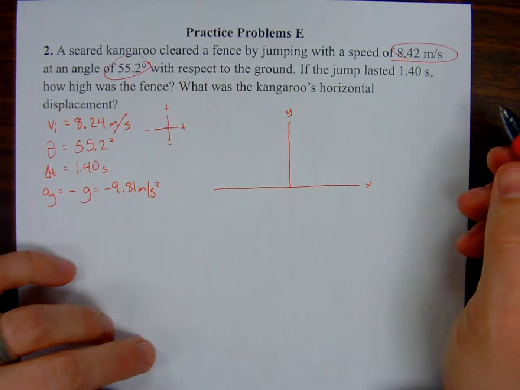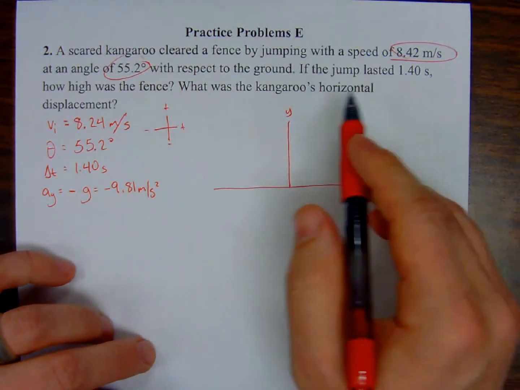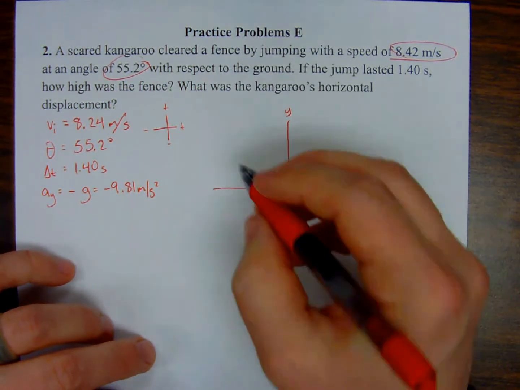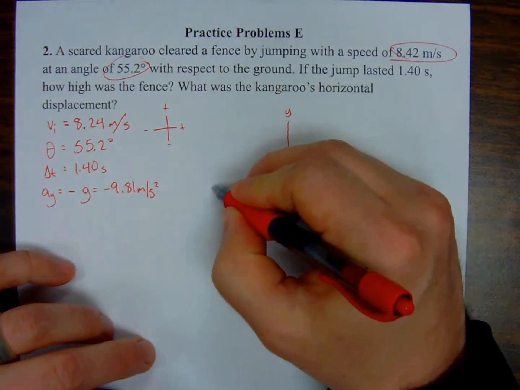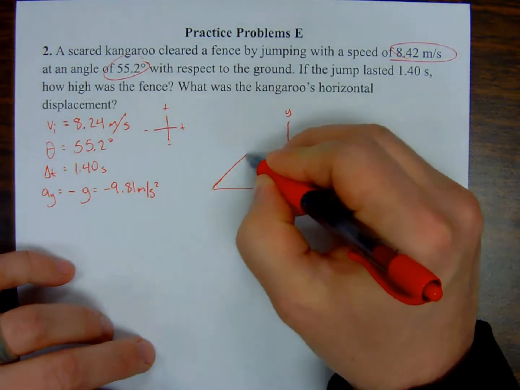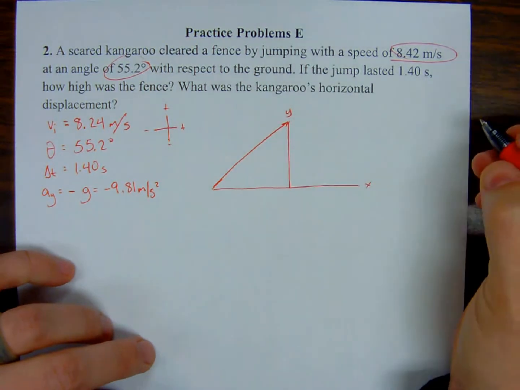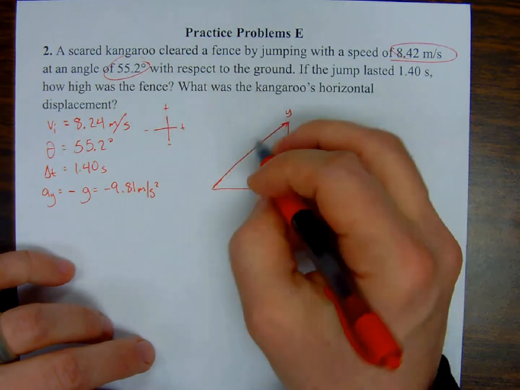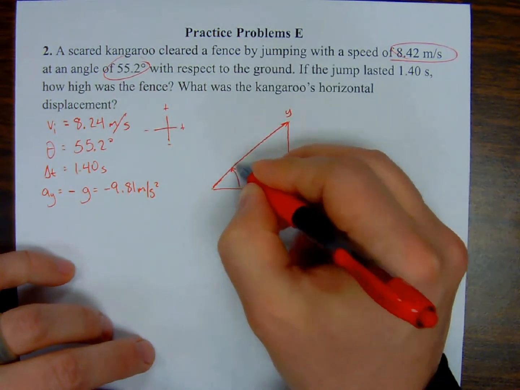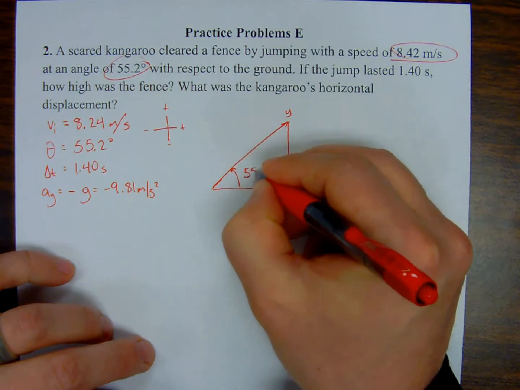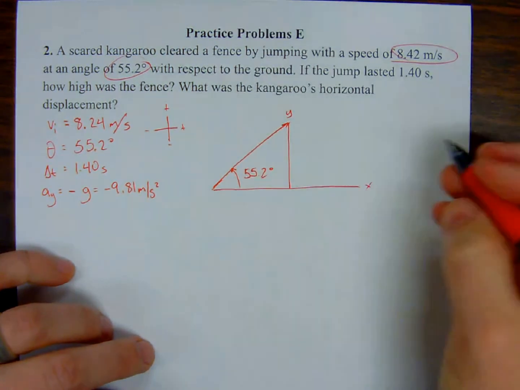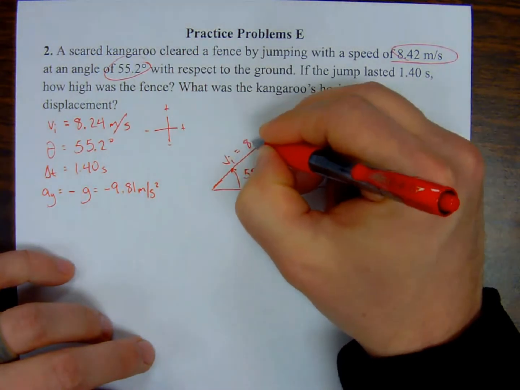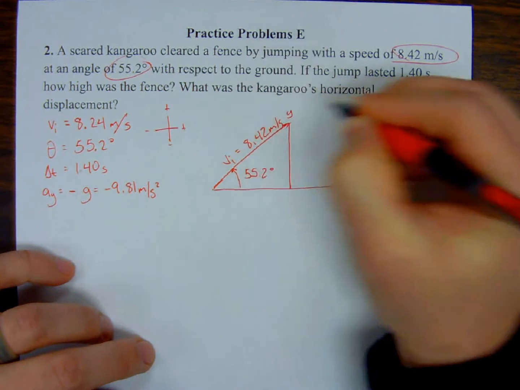It jumped at an angle with respect to the ground, 55.2 degrees, and that initial velocity, 8.42 meters per second. And then obviously the second half of the parabola occurs.